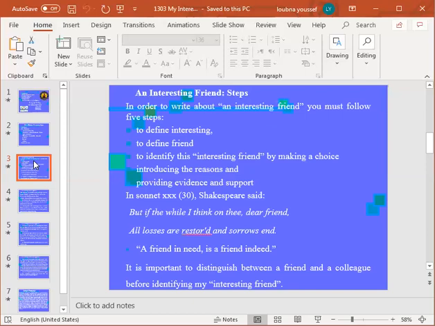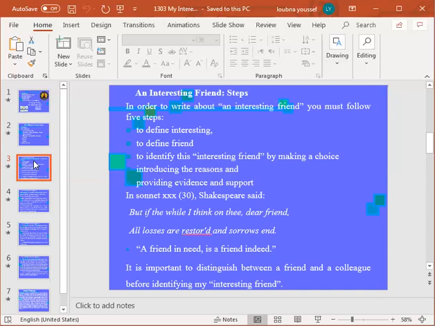Now, I have a quotation on this slide from Shakespeare. And of course, being students of English literature, you know who Shakespeare is. He wrote Hamlet, Macbeth, Othello, and a lot of other plays, but he also wrote sonnets. Sonnets are 14-line poems. Now, this is a quotation from sonnet number 30, and this quotation comes at the end of the sonnet.